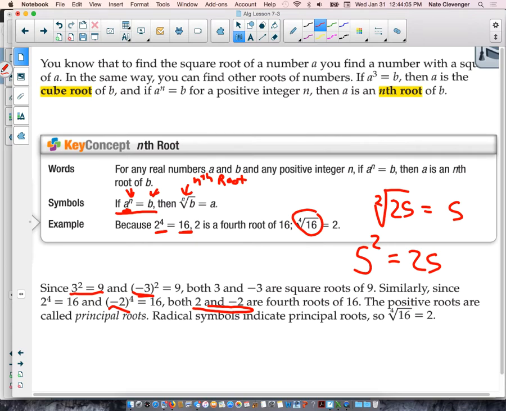Normally we're just looking at the positive roots, and those are called the principal roots. If you're wanting the principal root, you just want the positive result. Technically the 4th root of 16 is 2 or negative 2, but we're just talking principal roots right now.